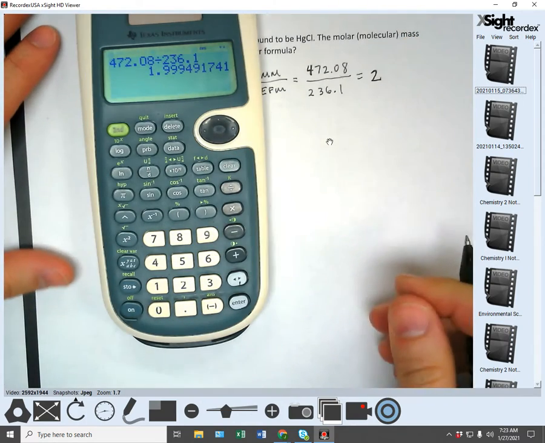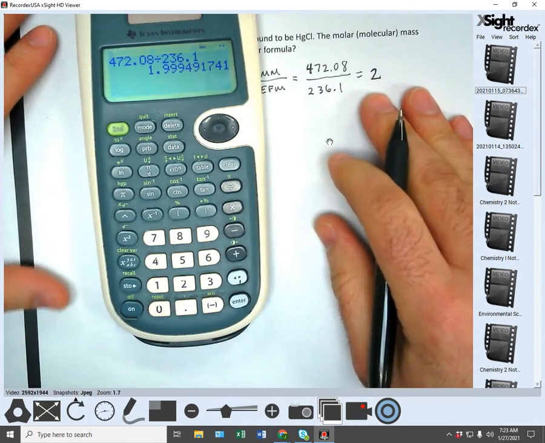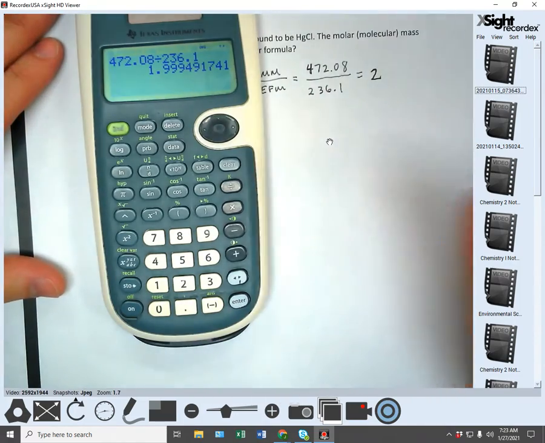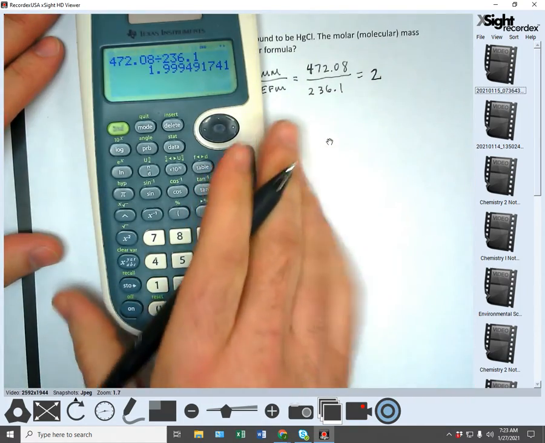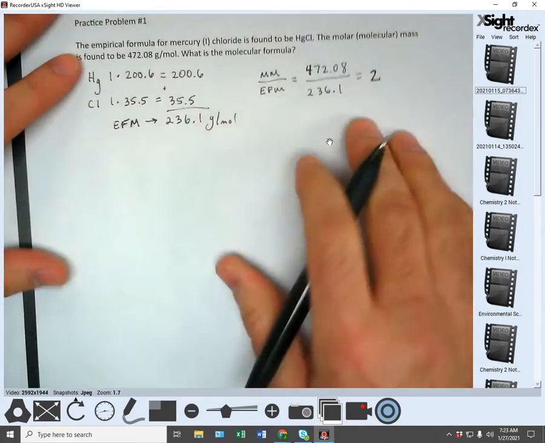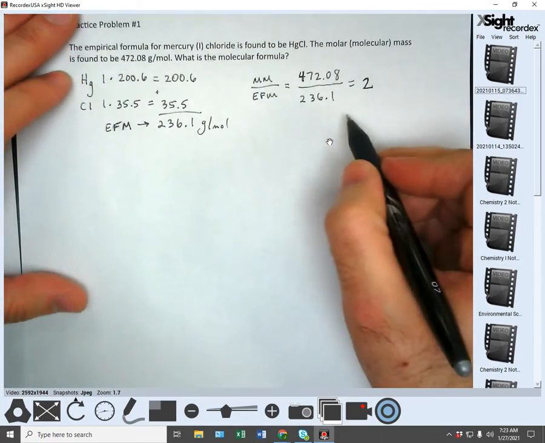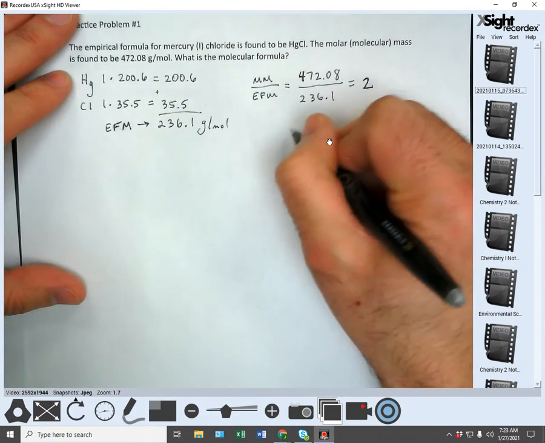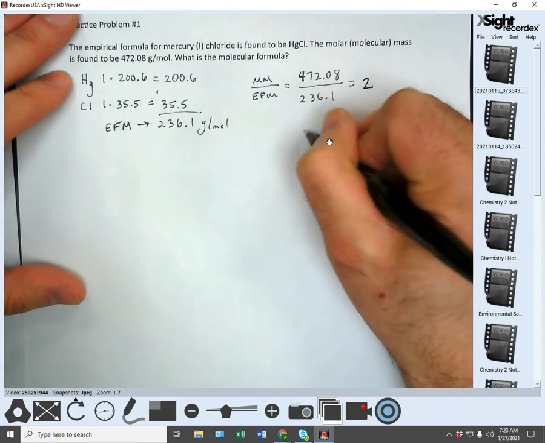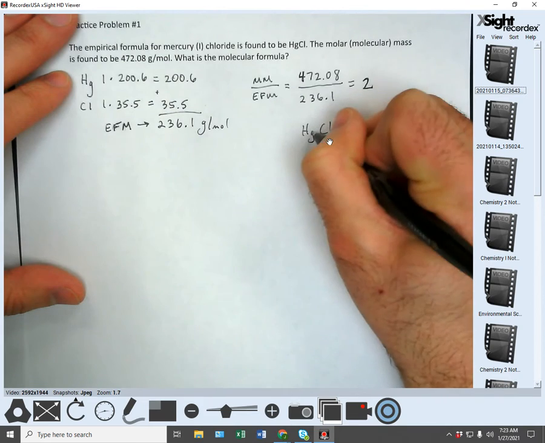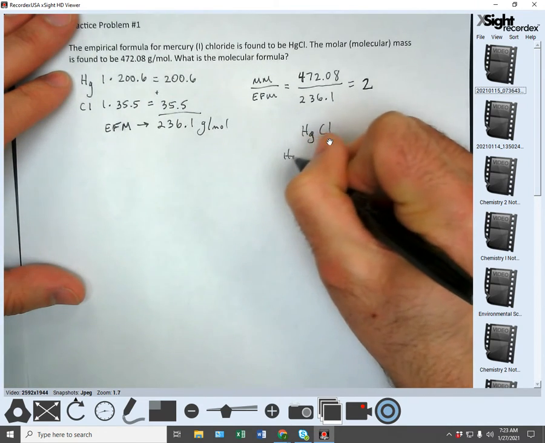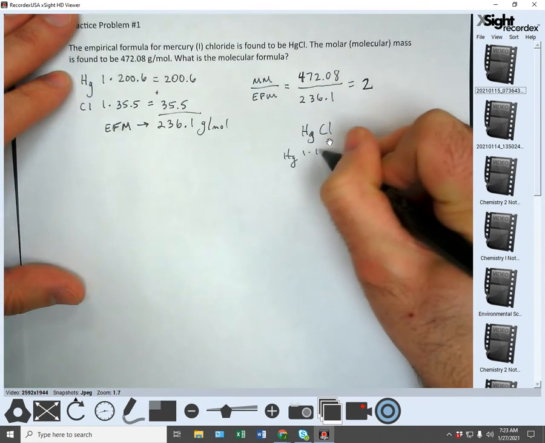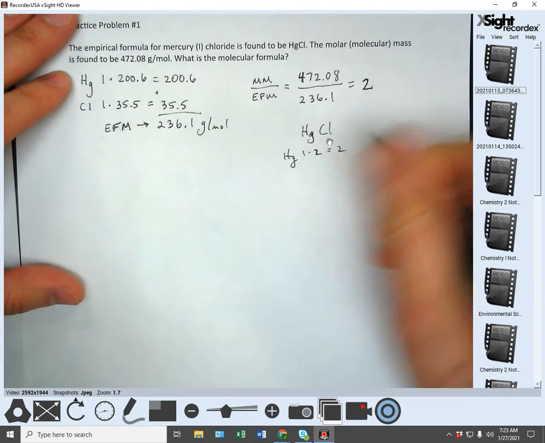And somebody asked me once, are all the multipliers 2? No, the multipliers are not always 2. It's just that the 2 examples I have are 2 so far, but they're not always 2. All right. So what's the molecular formula? So we take the empirical formula, Hg, Cl, right? 1 times 2 is 2 for Hg.